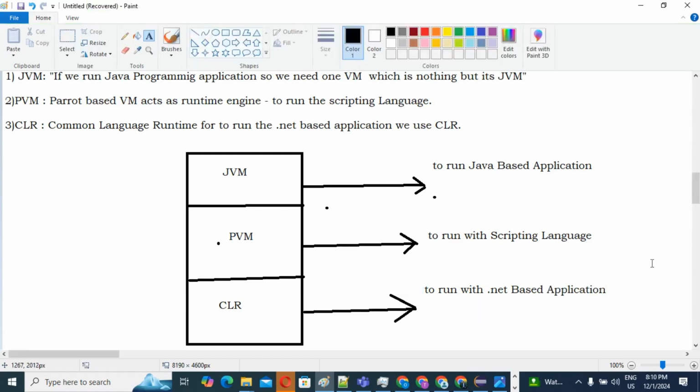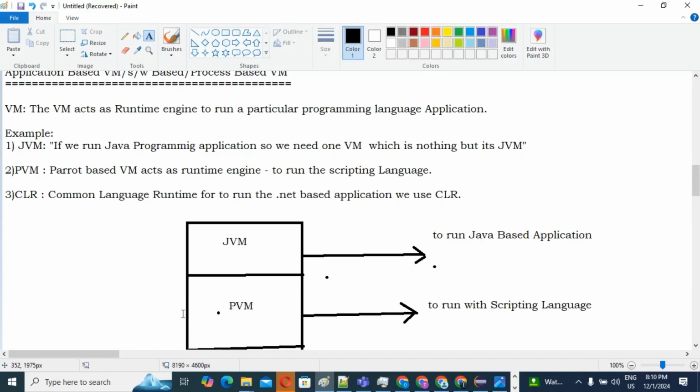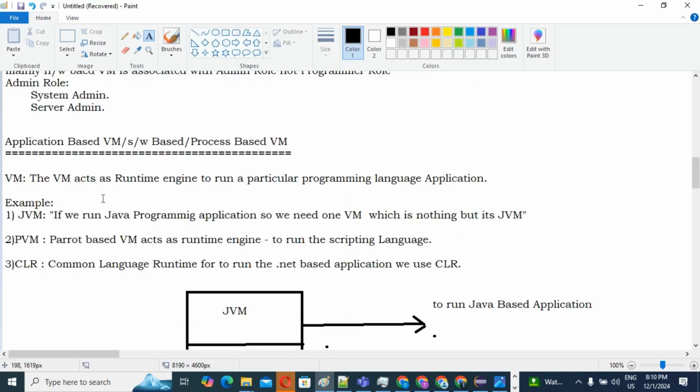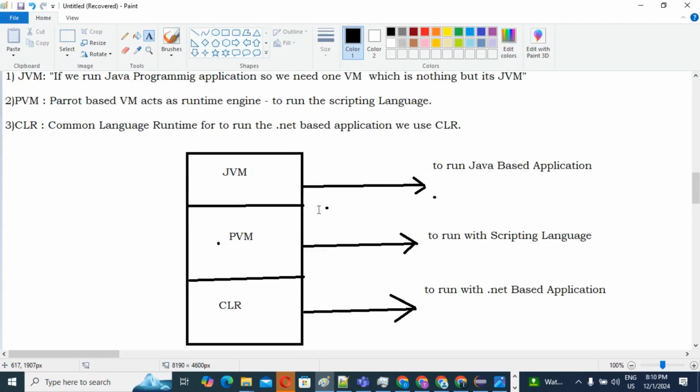I hope you understood. These are the three types of application based or process based, software based virtual machines, due to which we are able to run the respective applications. With the JVM we run Java based applications, with PVM a scripting language, and with CLR our .NET based application.